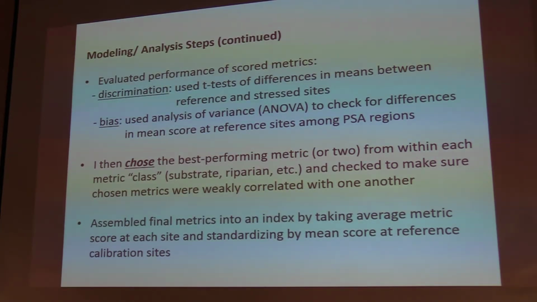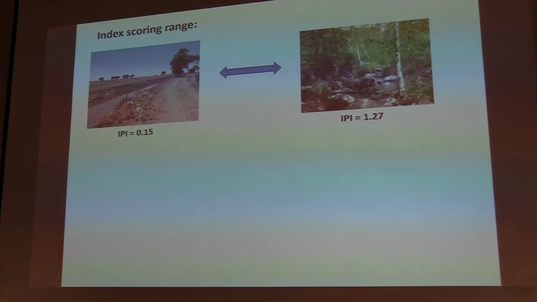I assembled the final metrics into an index by taking the average metric score at each site and dividing that score by the mean score at reference calibration sites to standardize the index scores. In practice, the index scoring ranges from about 0.15 at sites that have the worst p-hab to not quite 1.3 at sites that have really good p-hab.